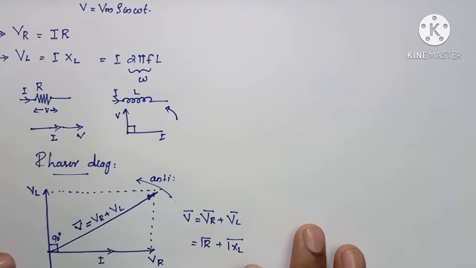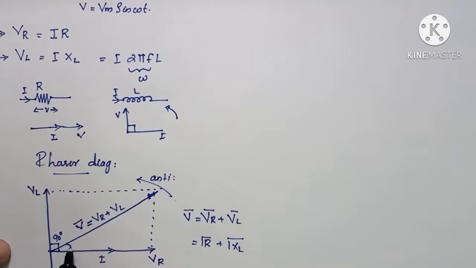From this phasor diagram it is very clear that in the case of a pure RL series circuit, the resultant vector V is drawn here, and the I is here. I is common for both resistor and inductor. So the resultant I will be this and the voltage will be this.